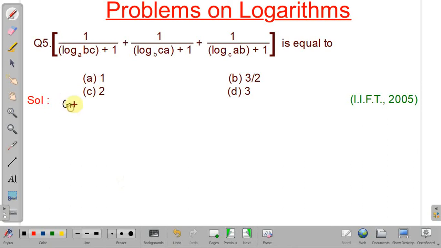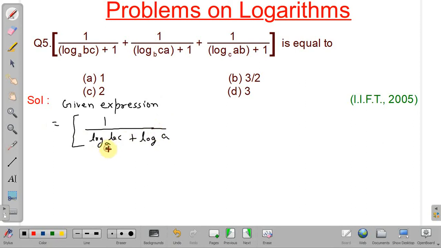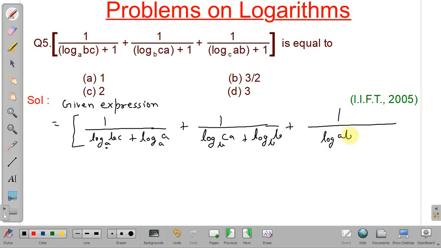The given expression is equal to 1 by log of BC with base A, and 1 can be written as log of A with the same base as the base of BC, so log of A with base A. Similarly, the second term can be written as 1 by log of CA with base B plus log of B with base B, and the third term as 1 by log of AB with base C plus log of C with base C.